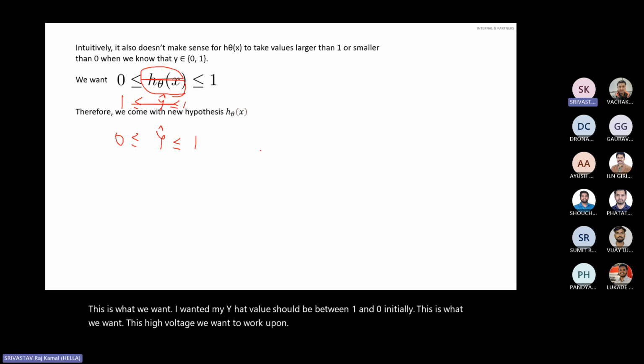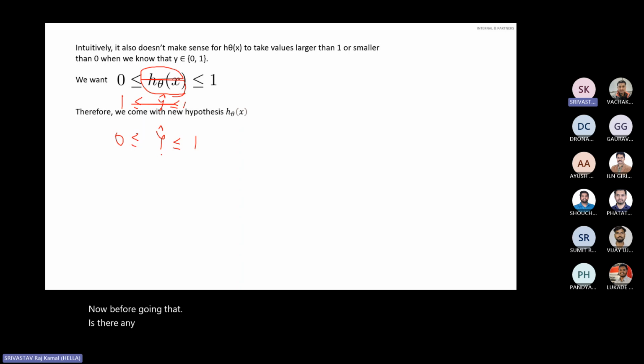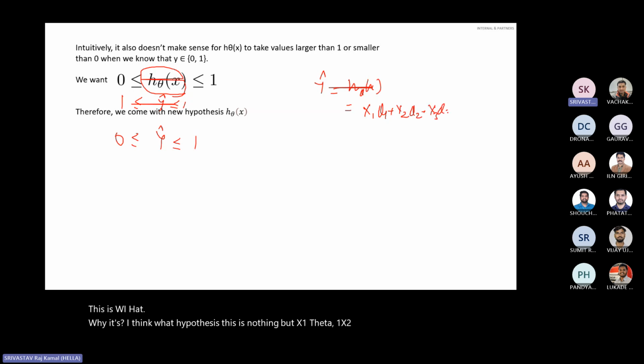Now, before going there, is there any way which can help us? This is y hat, nothing but the hypothesis. This is x1 theta 1, x2 theta 2, x3 theta 3, up to xn theta n.